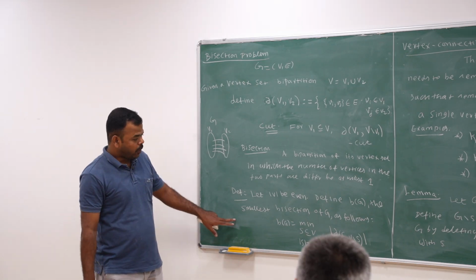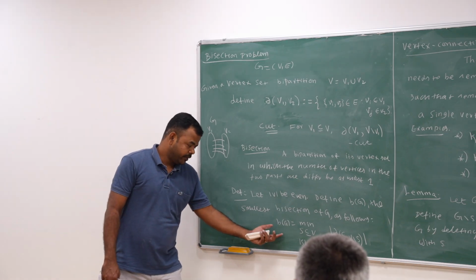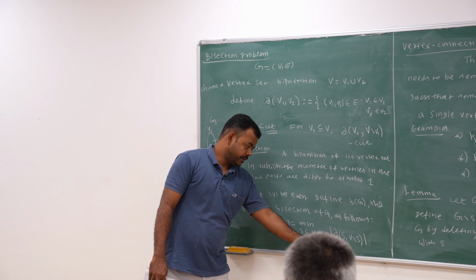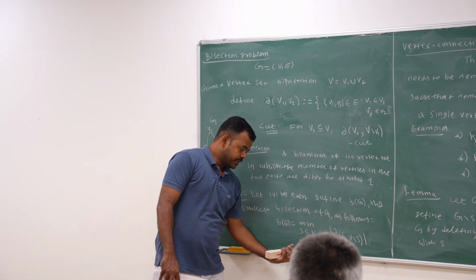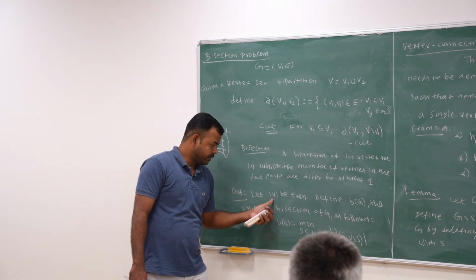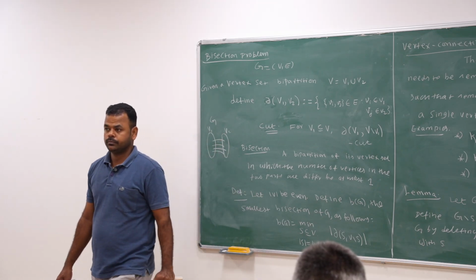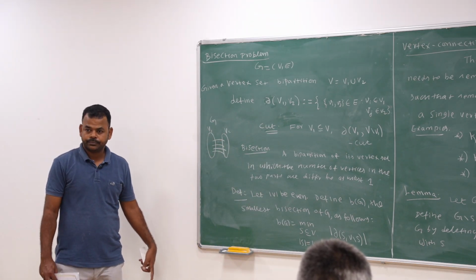So the definition is clear: the smallest bisection of G, denoted by B of G. You take a cut such that the vertex set associated with the cut has the property that the number of elements in S is equal to the number of elements in its complement. I'm assuming the cardinality of V is even. You have to minimize this quantity, so you have to find this number B of G.